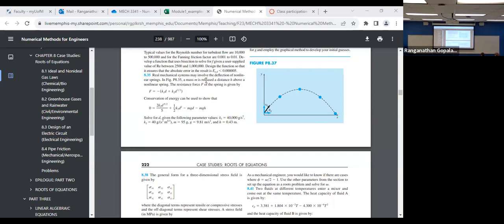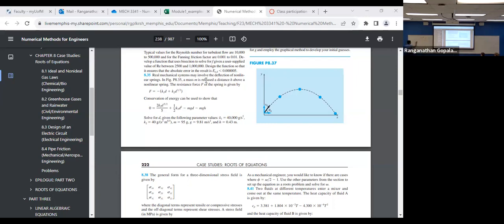So I'm going to copy this. We want to write 0 equals 2K2 divided by 5 times D to the 5/2 plus half K1 D squared minus MGD minus MGH. K1, K2, M, G, H are all given.